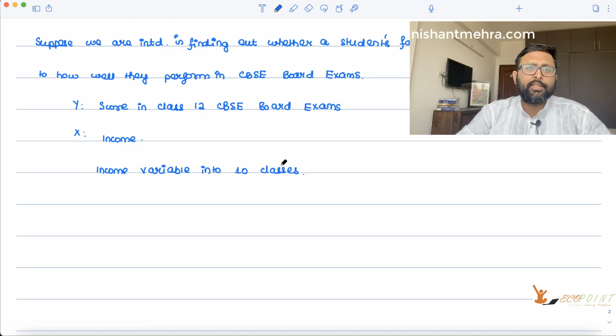For example, 2 lakh, then 5 lakh, then 10 lakh, 20 lakh annual family income, 40 lakh, 50 lakh, 1 crore, right? Like this. So I'm not going to write those family incomes, I'm just going to write X1, X2, X3. So just imagine X1 being 2 lakh and X10 being 1 crore and above annual family income.